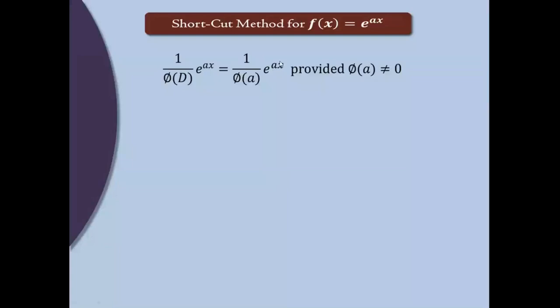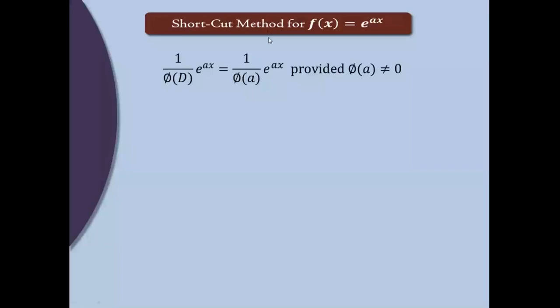So the answer is e raised to 2x by 3. No integration, nothing. The same problem you can solve by the general method also, but there we have to solve integrations of formulas, many things we have to do. But in the shortcut method, we can use these formulas directly. Because of that, by avoiding all that integration, we get the answer. That is why it is called a shortcut method.